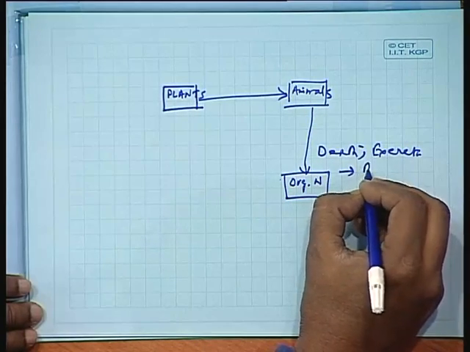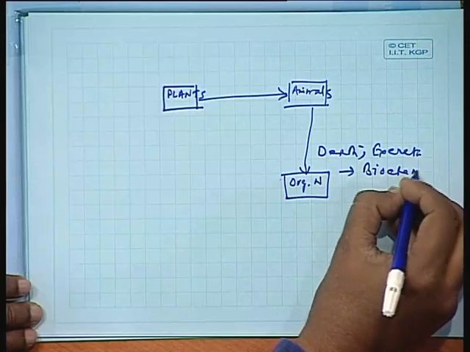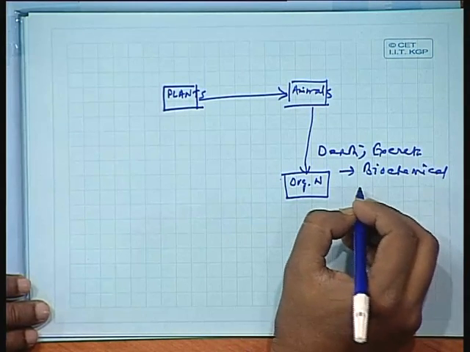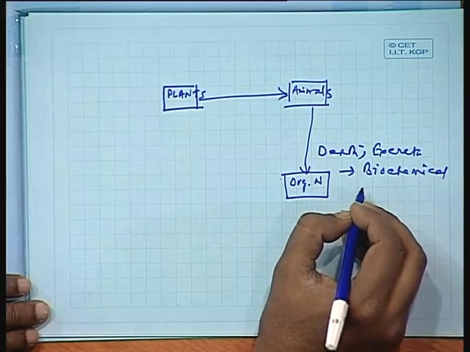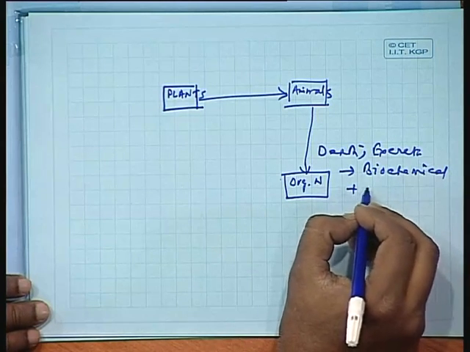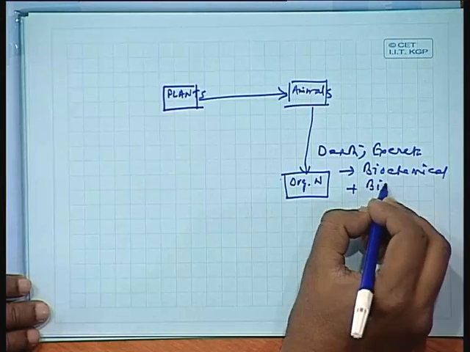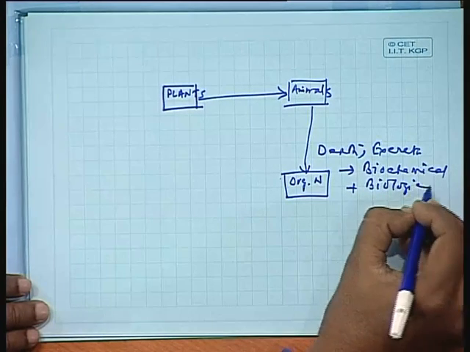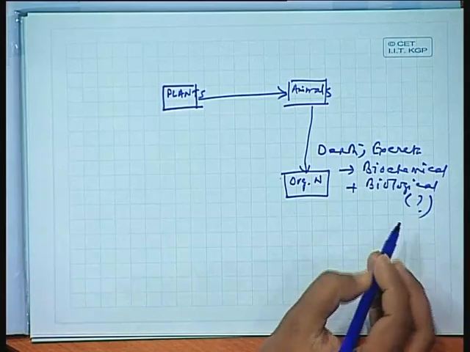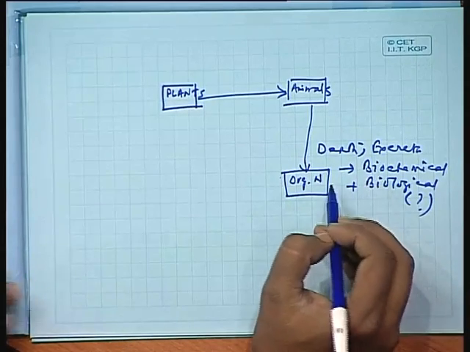One is biochemical sources, and there may be some biological sources also. This is essentially a biochemical source.